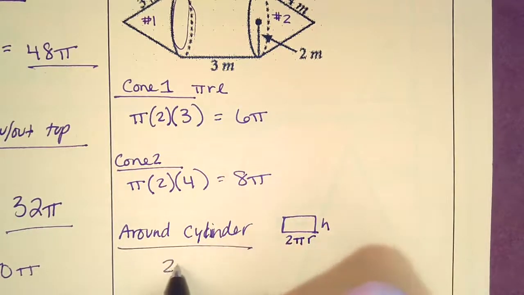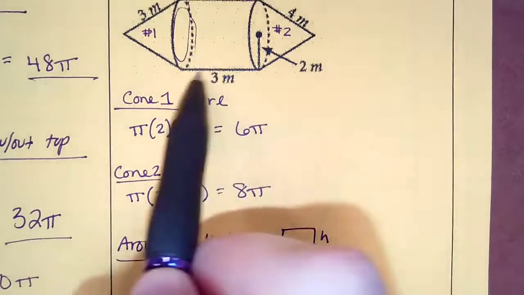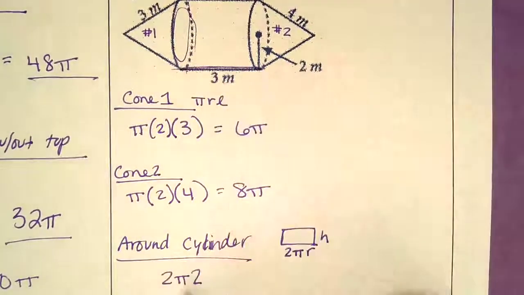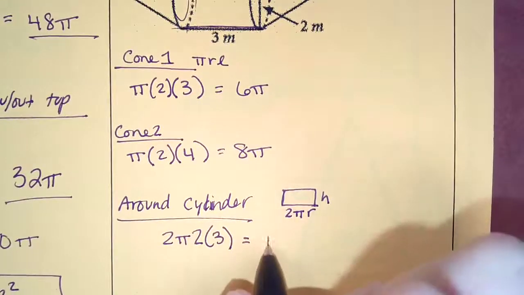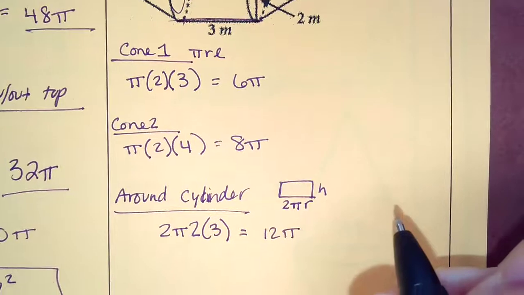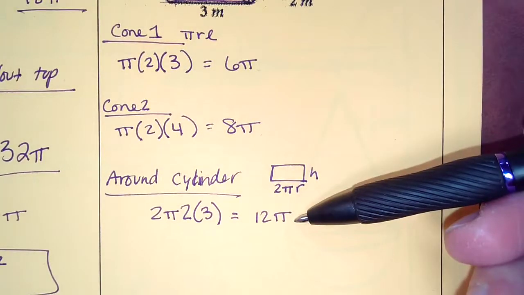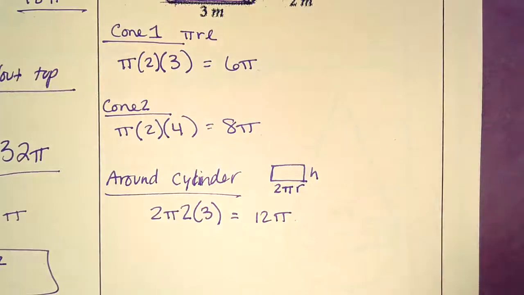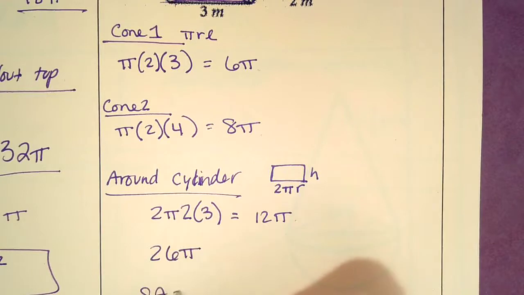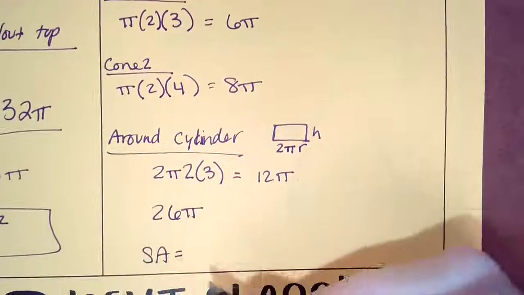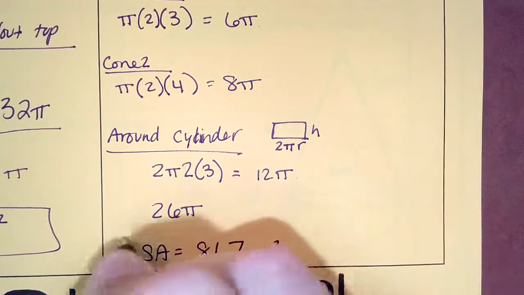So we have 2 pi, radius is 2, times the height, the distance between the circle bases, is 3. So this should be 12 pi. So the surface area is me adding all 3 of these up. So 26 pi. Plug that into your calculator. 26 times pi should be 81.7 meters squared.